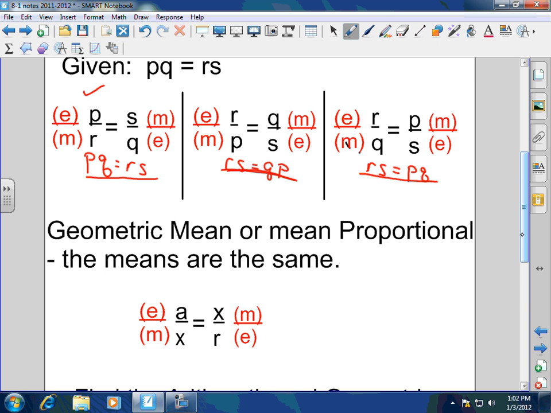Remember, there's a difference between arithmetic means and geometric means. If you remember going back in time a little bit, arithmetic mean is like an average, and it would equal the sum over the total number of values.